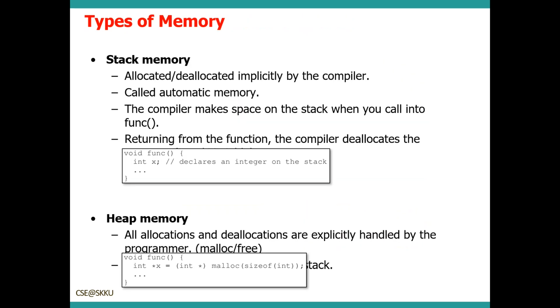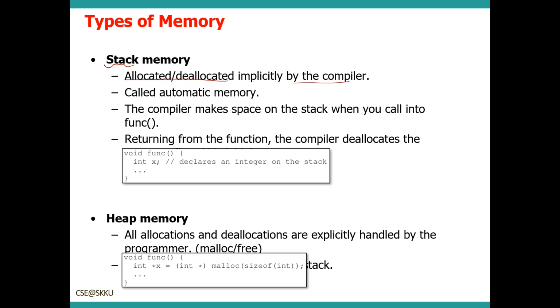Okay, so let's see several different memory regions in the address space. First, stack memory is allocated and deallocated implicitly by the compiler. When the compiler generates the code of the program, it automatically generates the memory space on the stack at compile time.